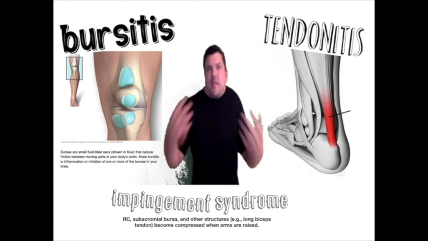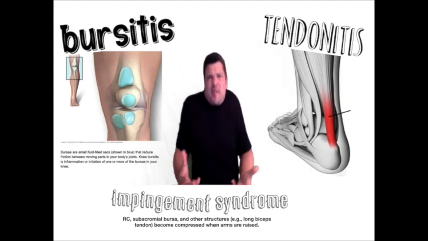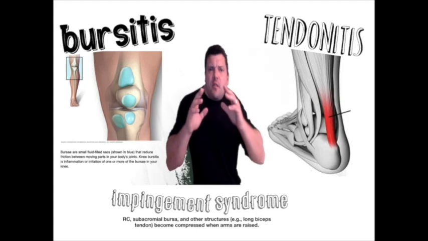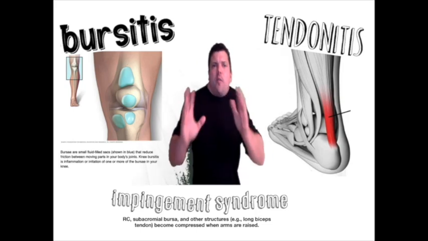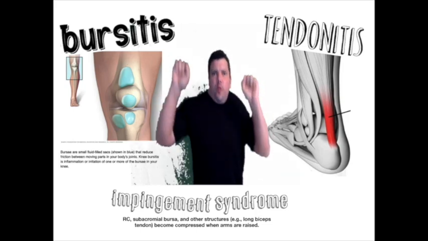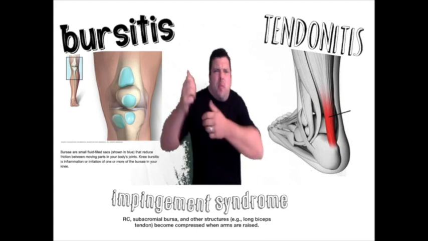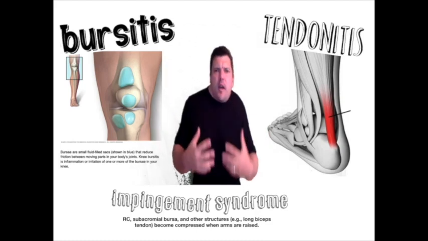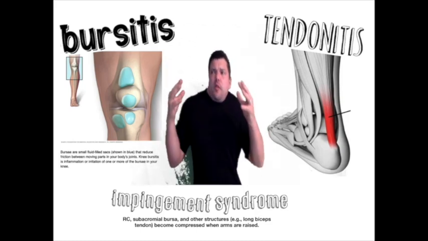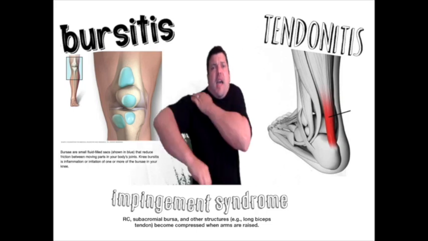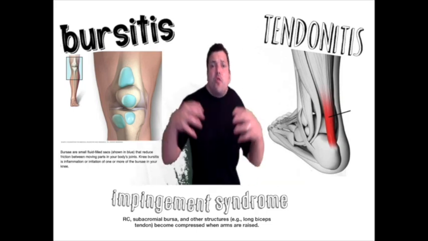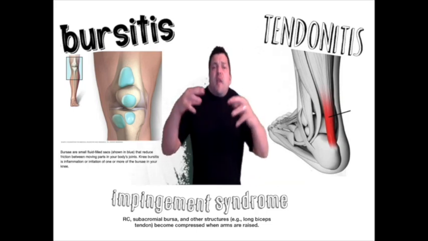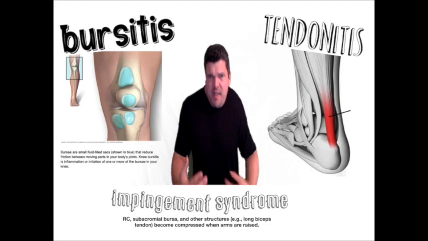Tendinitis, inflammation of tendon. Impingement syndrome, something specific to the shoulders, whereby people who do a lot of repetitive upward pushing, think people that are painting, working above their heads and whatnot, over time gradually squeeze the area at the superior aspect of the shoulder joint, and that impingement can cause pain.